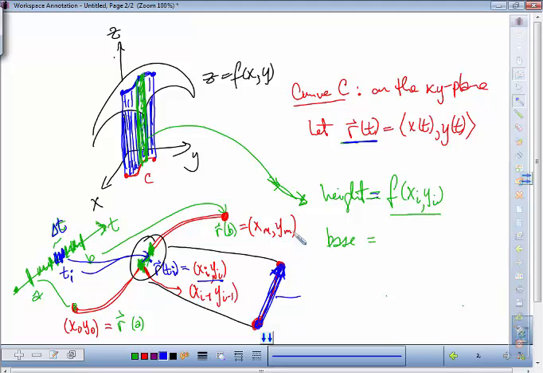Well, we're going to want the magnitude of this vector. It's the derivative, right? So this is r prime of t, and then it's r prime of t dt. I'm going to put sub I. If we throw the magnitude in there, the dt is some positive distance, so we can take it out of the magnitude, and then it'll be there. So this is going to be our base.